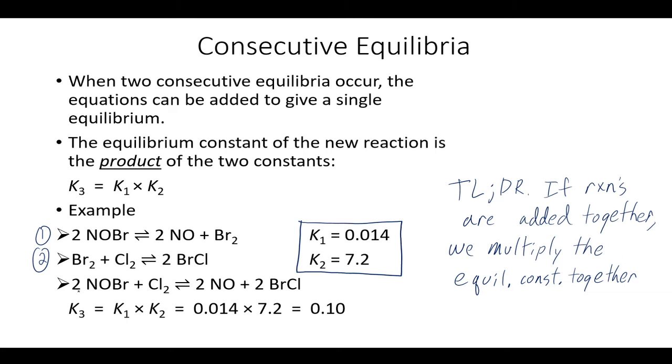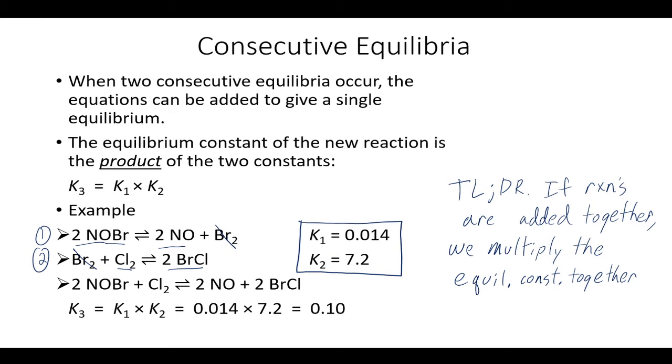So in this reaction, 2 NOBr plus Cl2 goes to 2 NO plus 2 BrCl. Maybe I can look up these two separate reactions 1 and 2. I see if I add these reactions together, bromine cancels out, and I'm left with 2 NOBr plus Cl2 goes to 2 NO plus 2 BrCl, which is exactly what I want in this third reaction. So I can add these two reactions, which have known equilibrium constants K1 and K2.